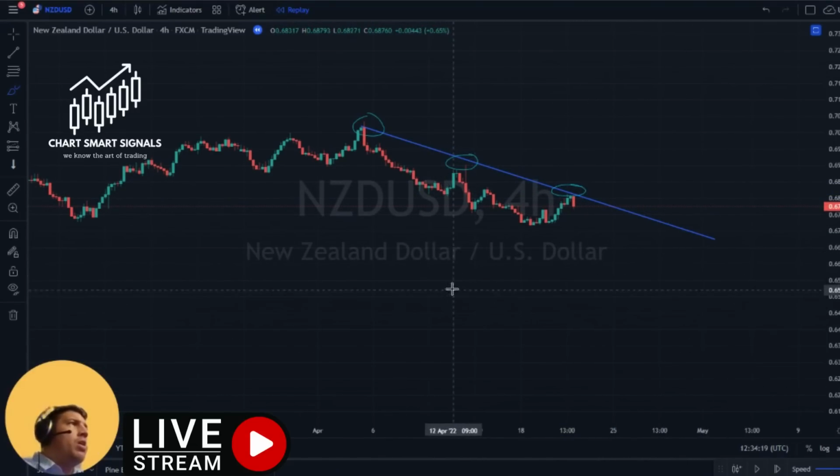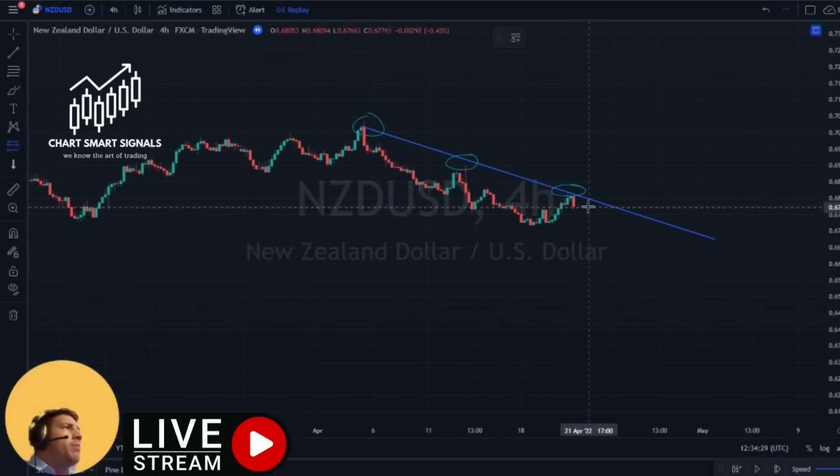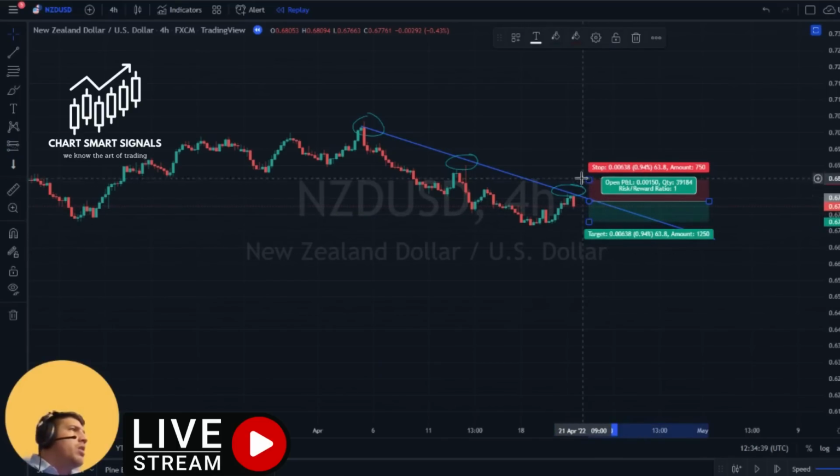Okay, so we're going to be looking to enter a short position, and what we're going to do, we would have entered it somewhere over there when we saw it hitting that resistance and coming down, say like that.